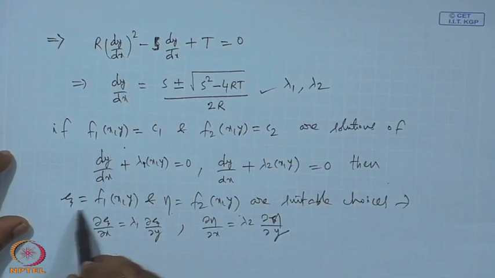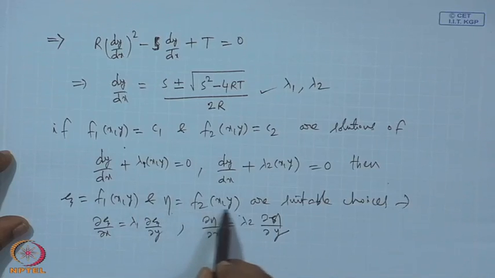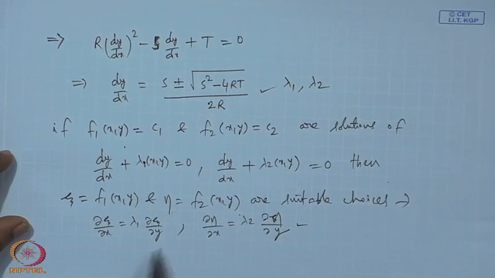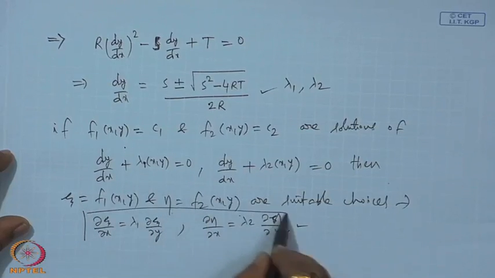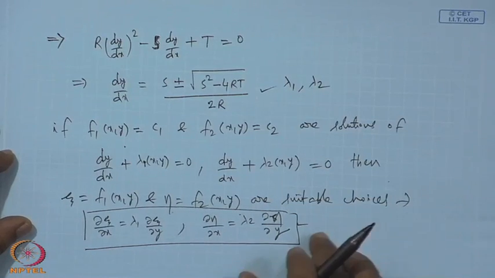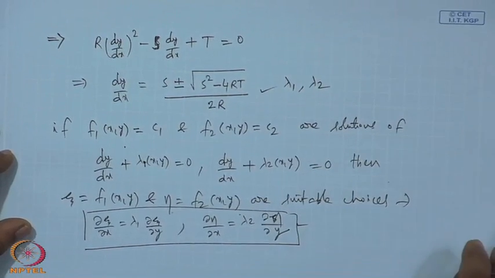Then zeta equals f1 and eta equals f2 are suitable choices: only when this happens will the coefficient become 0, and only when this happens will the coefficient of u eta be 0.